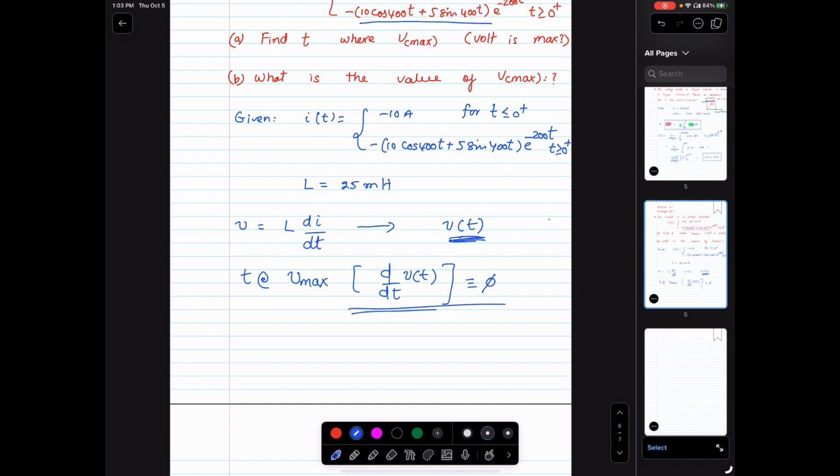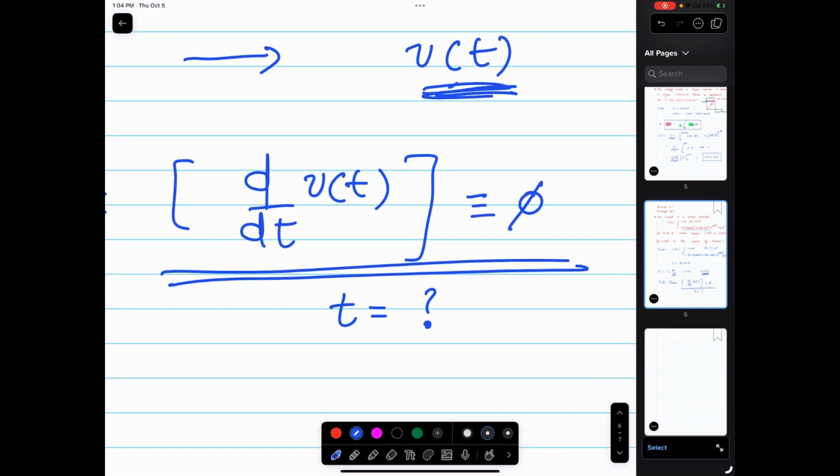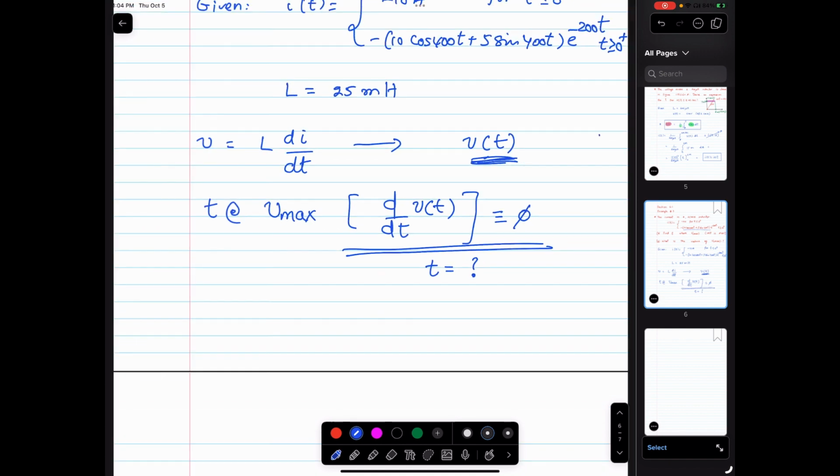We know from calculus that the maximum or minimum of a curve happens when the slope of that curve is 0. We are taking the derivative, which is the slope, and equating the slope to 0.